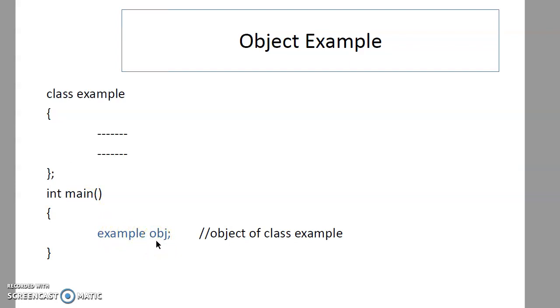The name of the class Example, space, name of the object obj, will create an obj object of class Example. This is how you create an object in C++. You declare a class, and in the main, using the class name, space, object name, semicolon, you can create an object of a particular class.